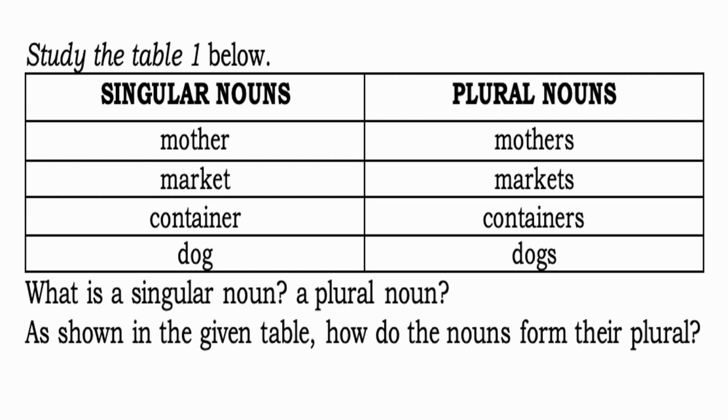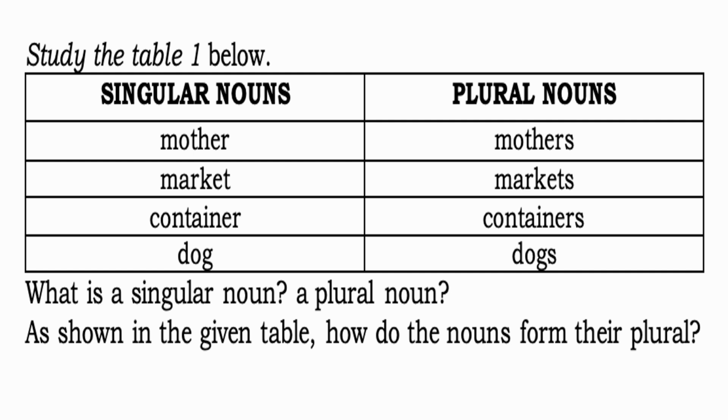Let us try to deepen your understanding about nouns. So here are more examples. You have to study the table below. Okay, now what is singular noun? What are plural nouns? As shown in the given table, how do the nouns form their plural?